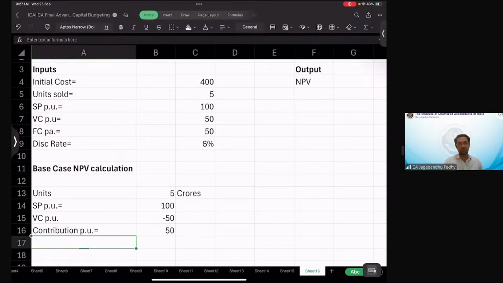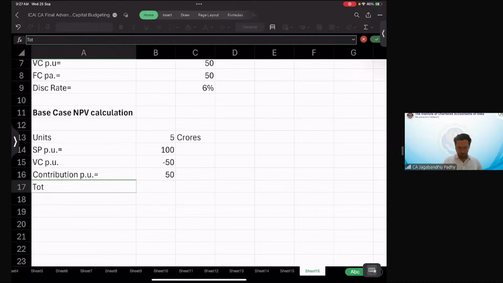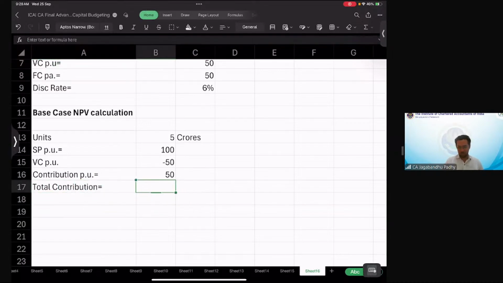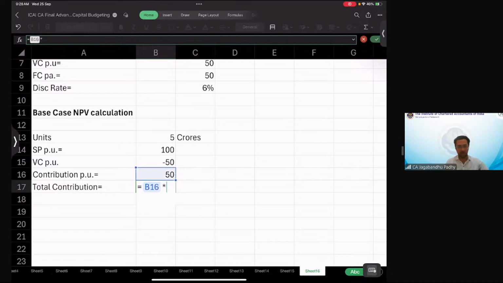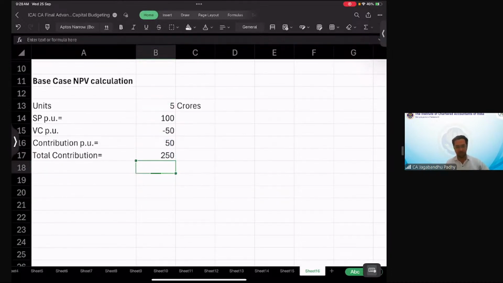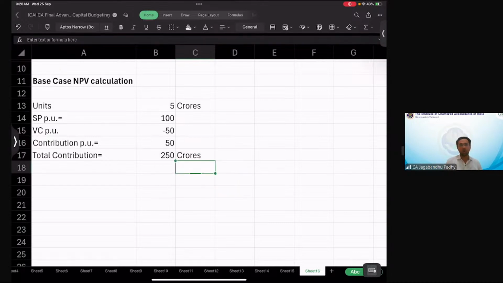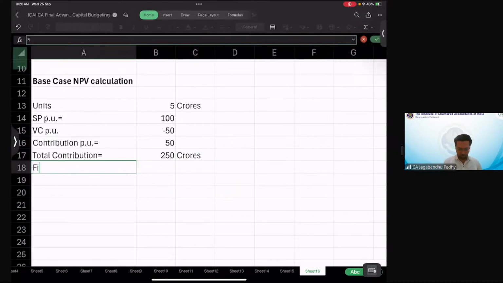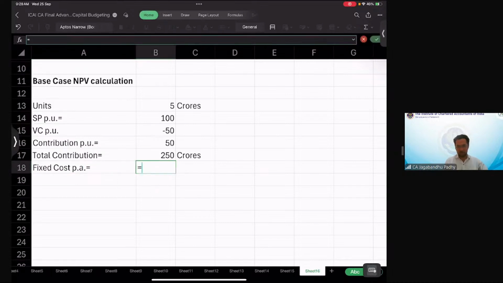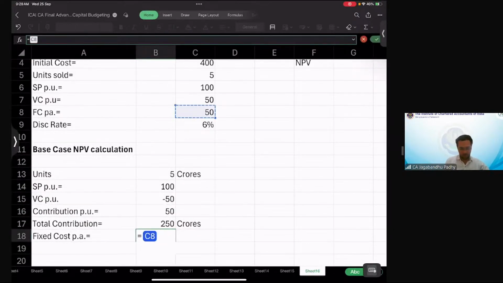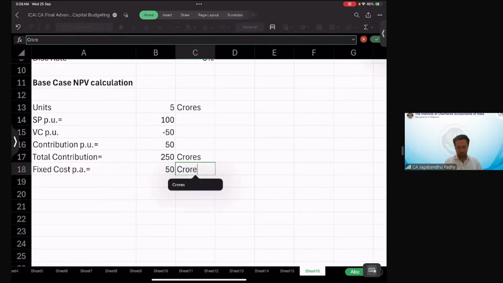So contribution per unit is becoming 50 rupees. Now, contribution per unit is what we got. Then we will say what's the total contribution. Total contribution is the contribution 50 multiplied by units, which is 5 crores. So total contribution is 250 crores. Then fixed cost per annum is 50, again in crores.